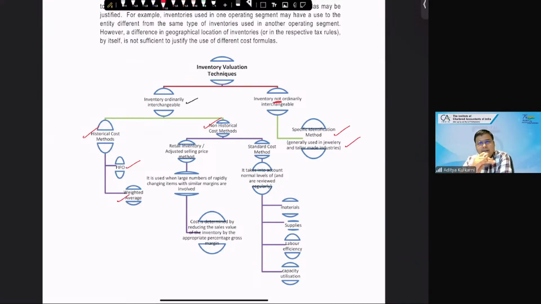Inventory I bought, I'm going to do the sale. Whatever is there in my stock, I will value it on FIFO basis or weighted average basis, as the case may be. What about non-historical methods? Specifically two types are there. One is retail inventory or standard cost method. What is retail inventory or adjusted selling price method?